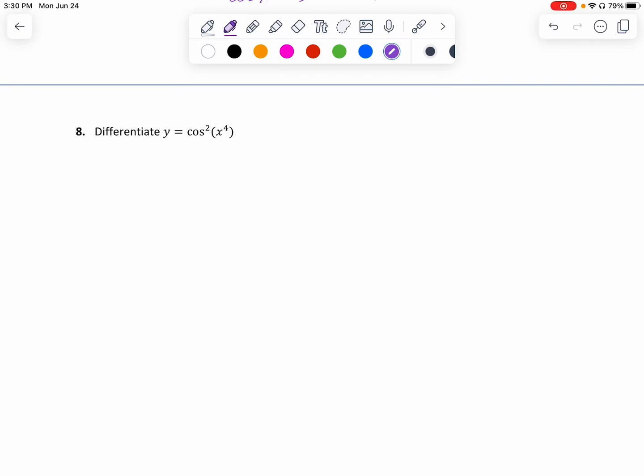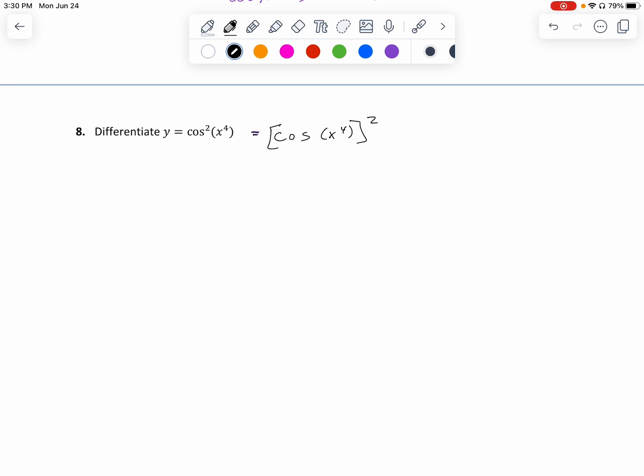So here we have chain rule where we actually have three different functions. If I look at this closely, what's my outside function? Remember this square right here is really a shorthand, but technically it's actually cosine of x to the fourth, squared.